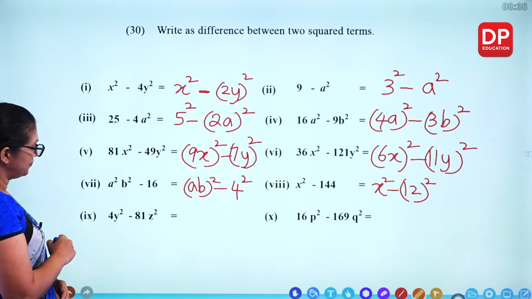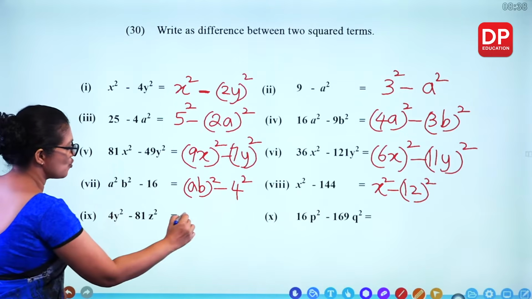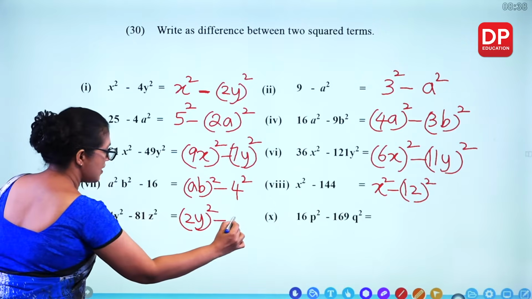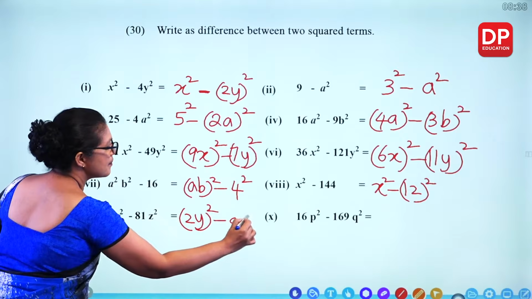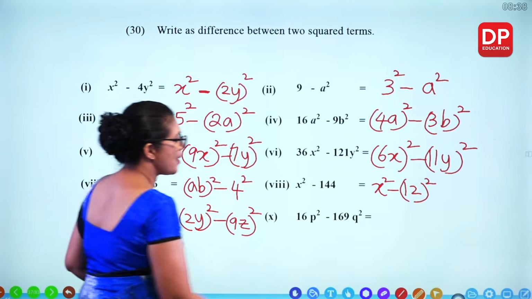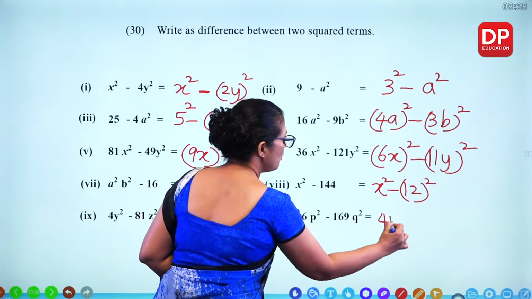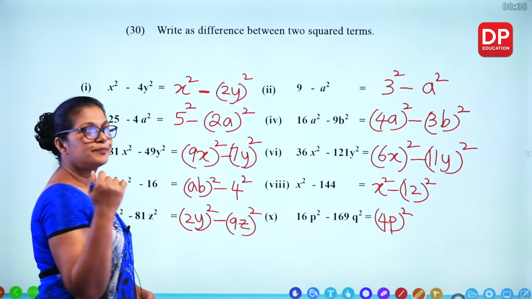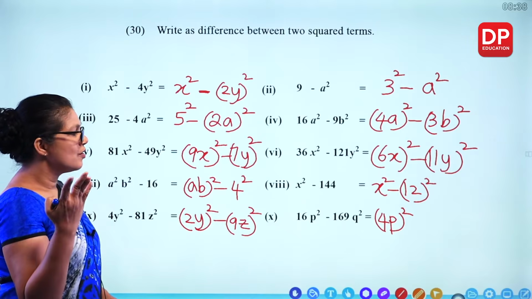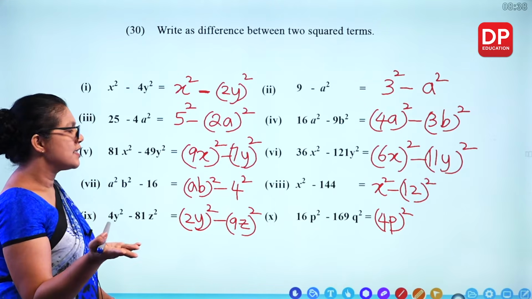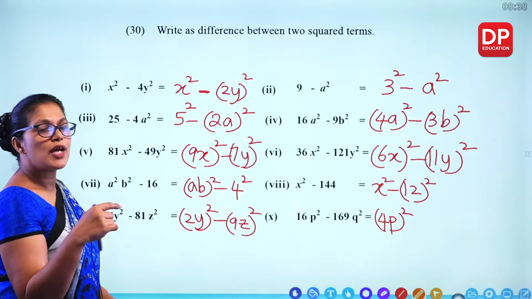This one, 4 is 2 times 2, so I can write 2y whole thing squared. 81 as 9 times 9. 16 again a square number, 4 times 4. 169, so you need to know square terms. 2 times 2, 4. 3 times 3, 9. 4 times 4, 16.